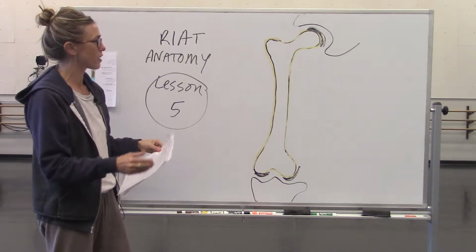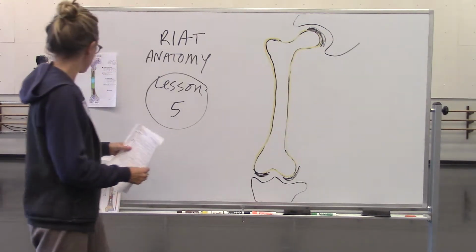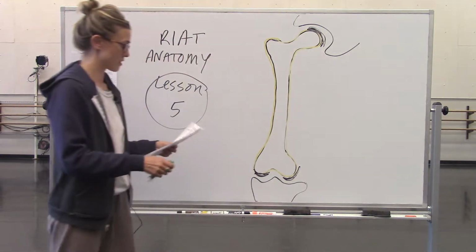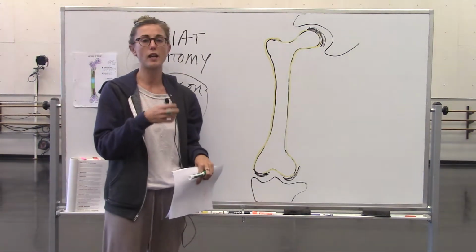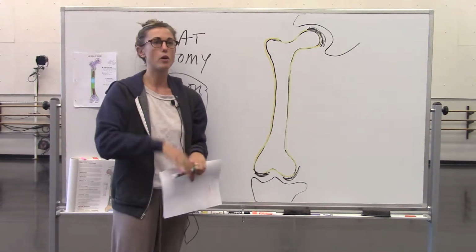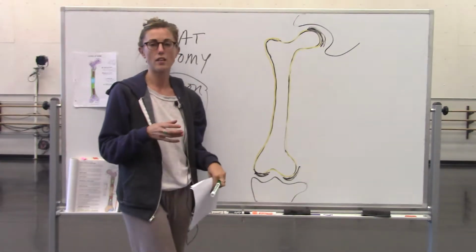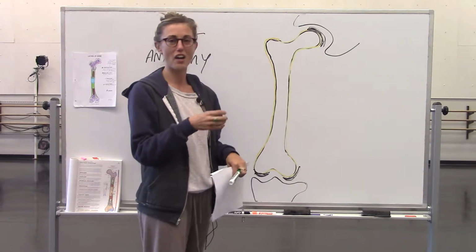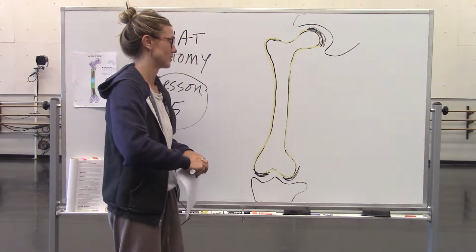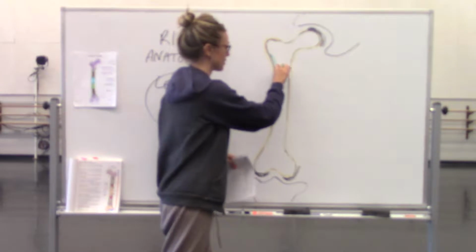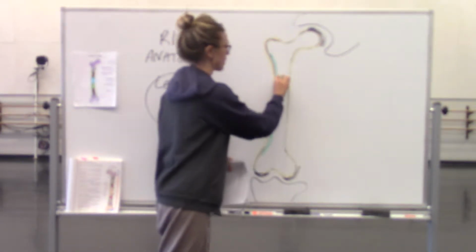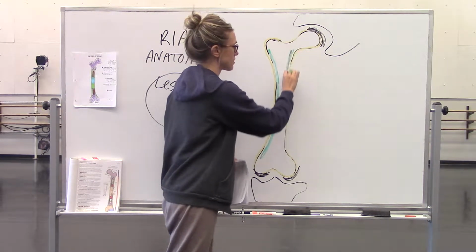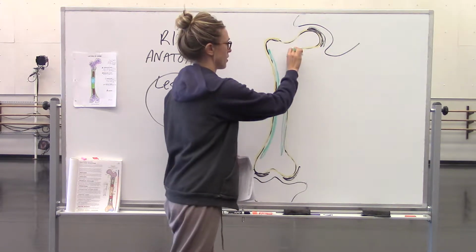The next layer in is compact bone, which you can think of as being like the shell of the bone. I'm thinking of those Easter egg chocolates that have a shell and then stuff inside. I don't know if that's a useful image for you. It's the sort of dense shell of the bone.